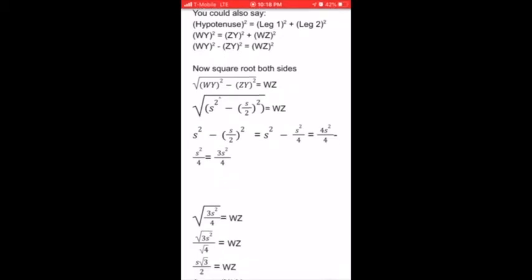Now I'll take the square root of that to get wz. And the way you do that is you take the square root of what's on the top, the numerator, over the square root of the bottom, the denominator. That gives you s times the square root of 3 all over 2.